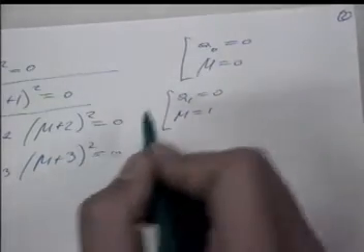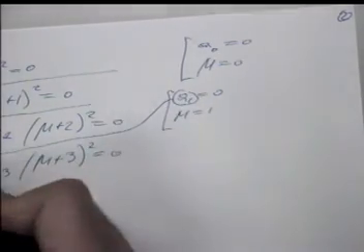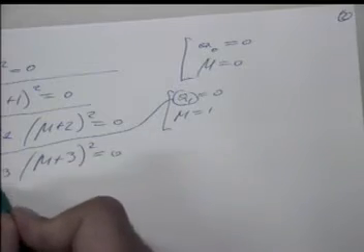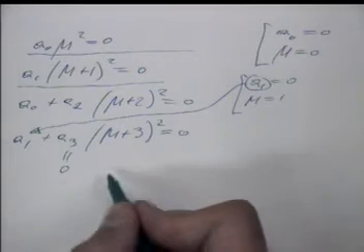And then by substituting a1 equals 0 into the following equation, we can obtain that a3 is equal to 0, and so on.